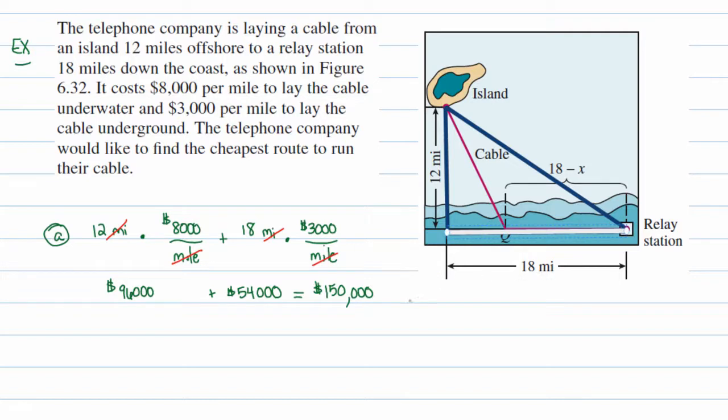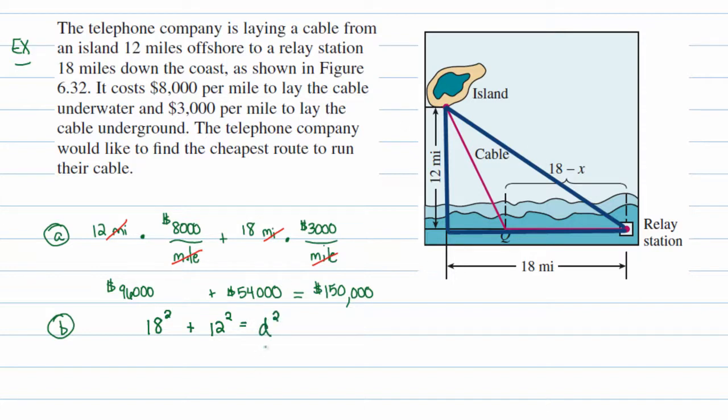It creates a nice right triangle, and so we know that the Pythagorean Theorem says, so let's go ahead and use the Pythagorean Theorem here. And let's see, we have leg squared plus leg squared should equal that distance underwater squared.